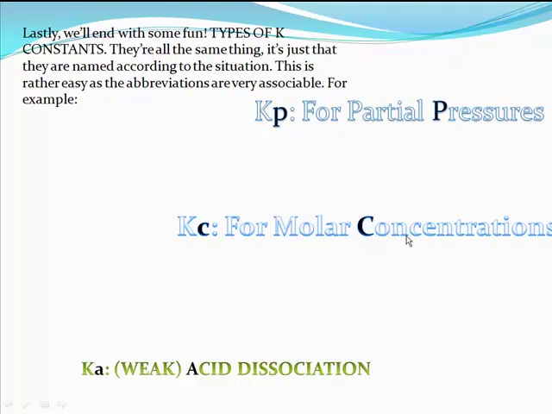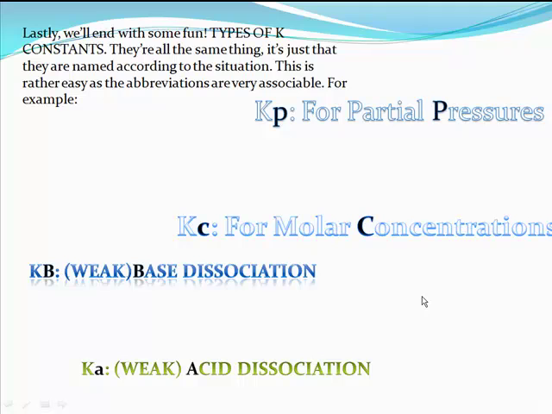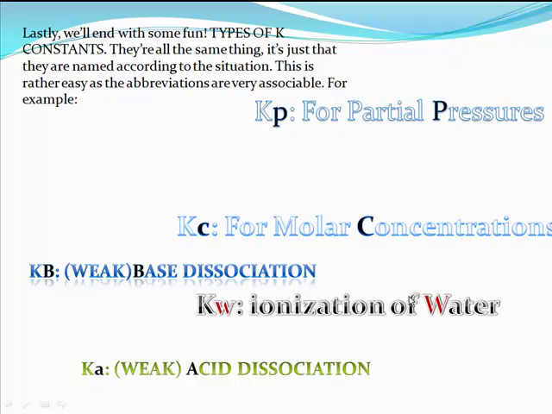Ka refers to a system where a weak acid is dissociating, for example, hydrofluoric acid, which we did previously. Kb is used for weak base dissociation, which is the same concept. Kw refers to the system when water is being ionized.